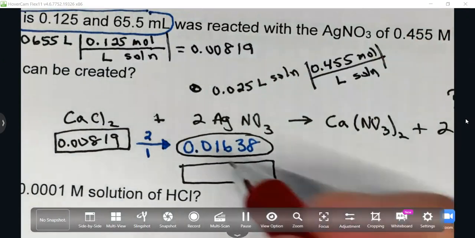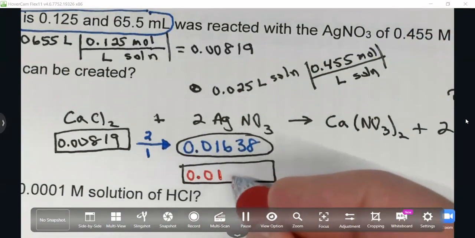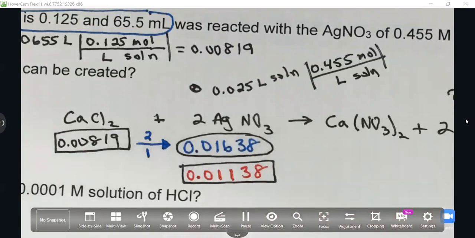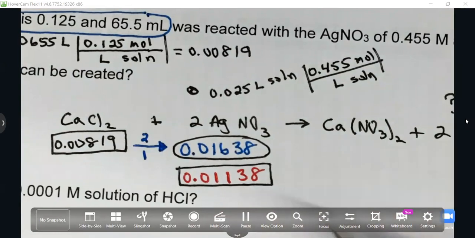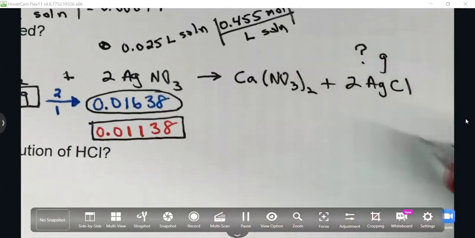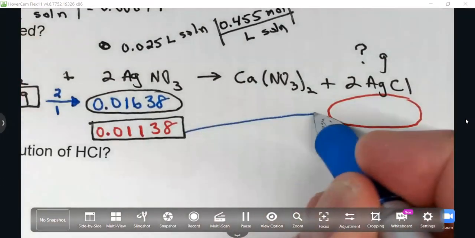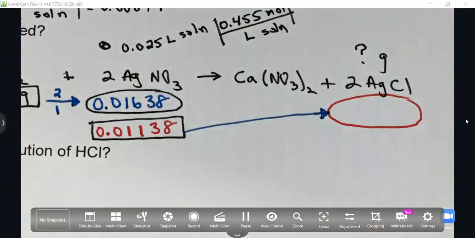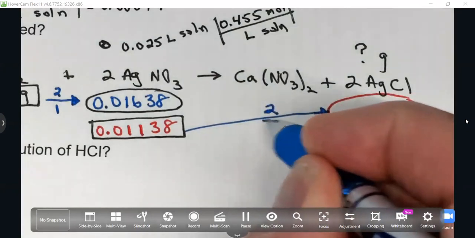So you have 0.01138. So it looks like this one's limiting, huh? So if this is limiting, then that's going to dictate how many moles you get over here. You got to come off of what you have of the limiting. Draw your arrow. And my mole factor fraction is 2.